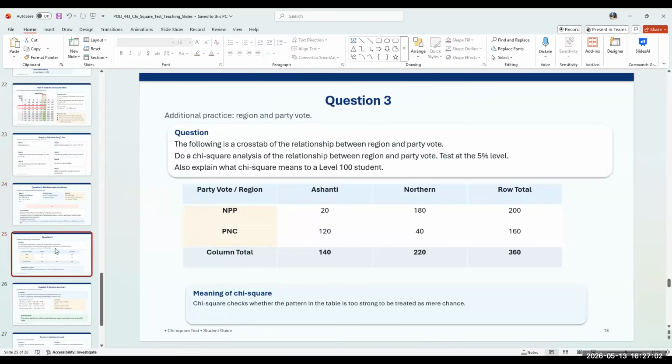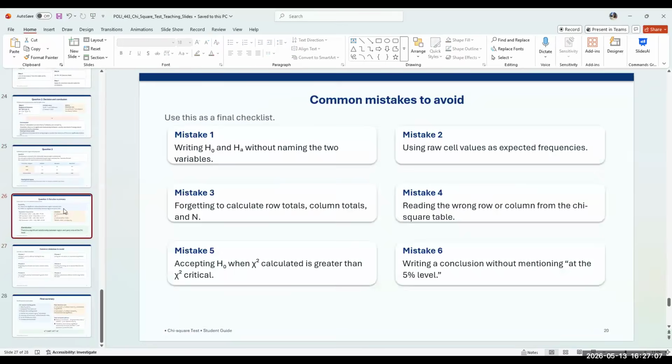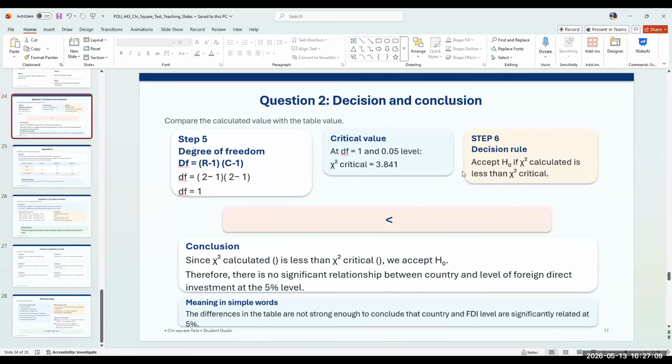The decision rule for step 6 says that we should accept H0 if chi-square calculated is less than chi-square read from the table. Let me put the read from the table, that will make it easy for you to understand.